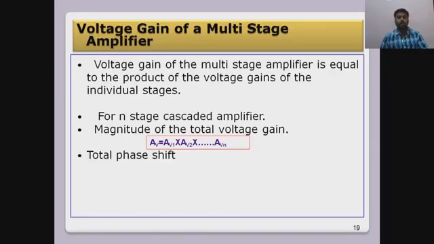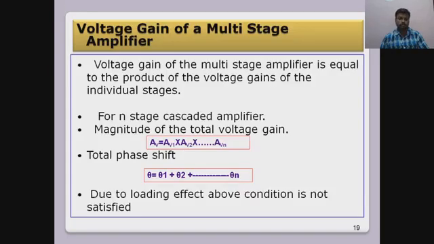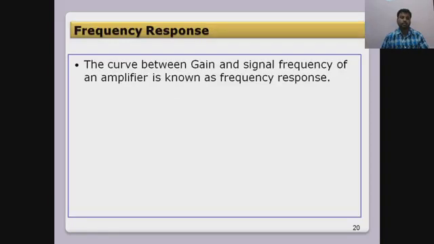The total phase shift is given by theta equals, it is an addition, theta 1 plus theta 2 plus so on up to n number of stages, theta n. Due to the loading effect of the amplifier, the above condition is not satisfied here.